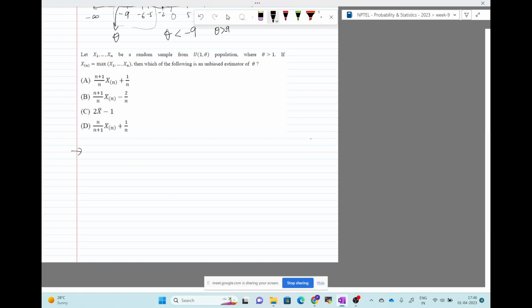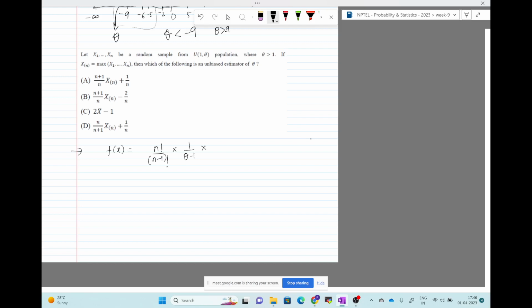I am saying the PDF of Xn, the maximum term, follows the order statistics. So there is n factorial divided by n minus 1 factorial into fx. Fx is 1 by theta minus 1, into the CDF to the power n minus 1.